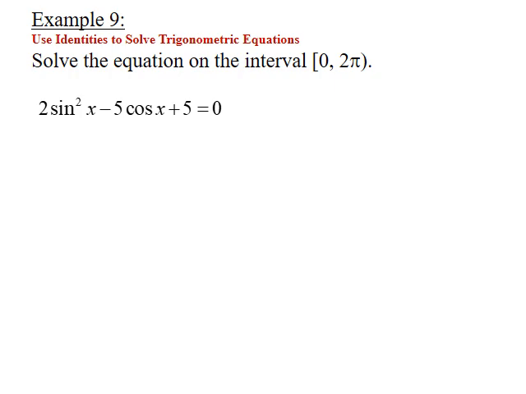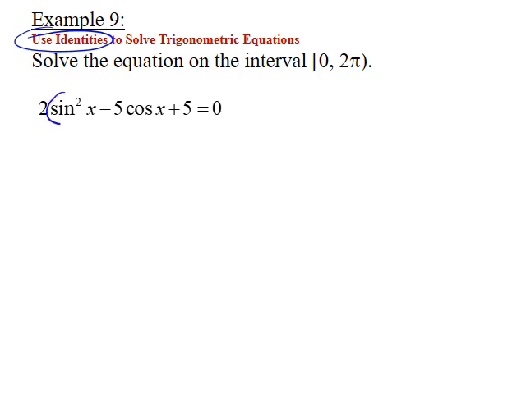Okay, here, if you look at this equation, you will see that you have sine squared and cosine. So you have two different trig functions. We can't factor this like we did in example 7 because if we were to factor this, we'd have 2 different values for x. So instead, we're going to use identities to solve this.